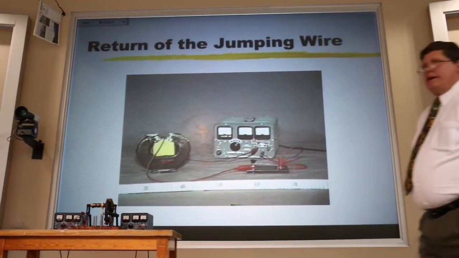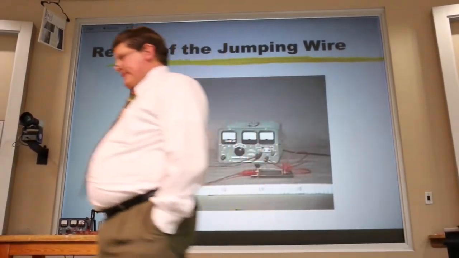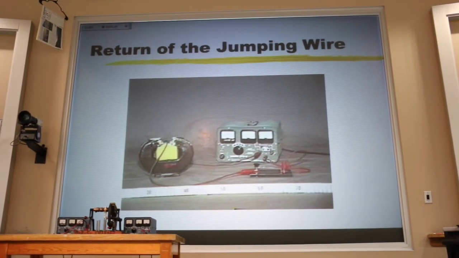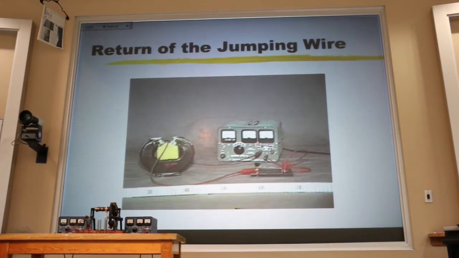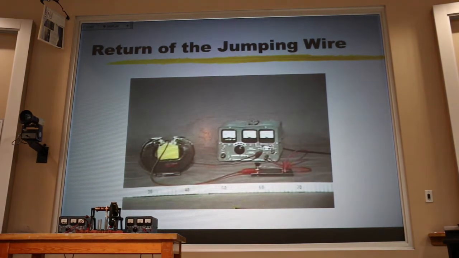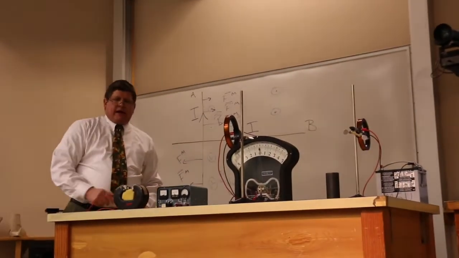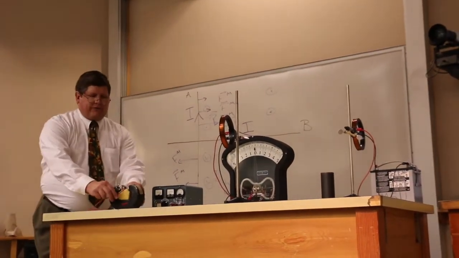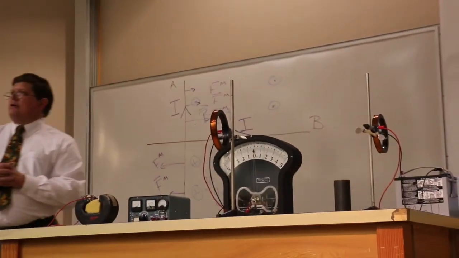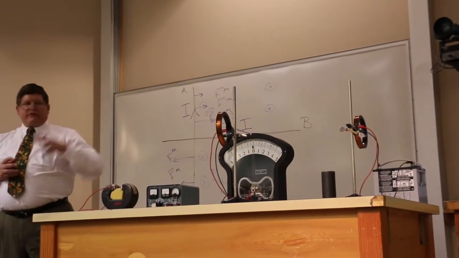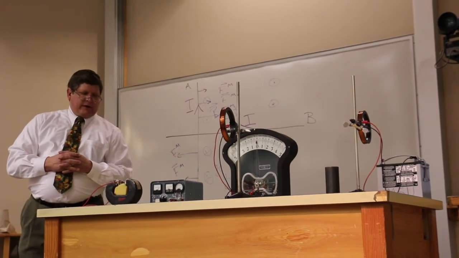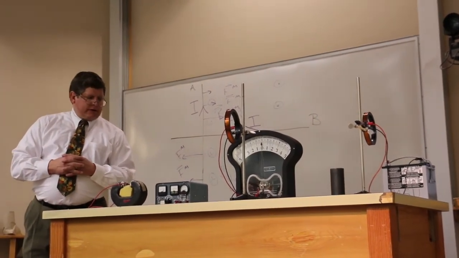Let's talk about Faraday's Law. You remember that we were able to make a wire jump just by putting a current through the wire in the right direction in a magnetic field. And this was the principle that drives our stereo speakers as well as anything that runs on electricity and has a motor in it.